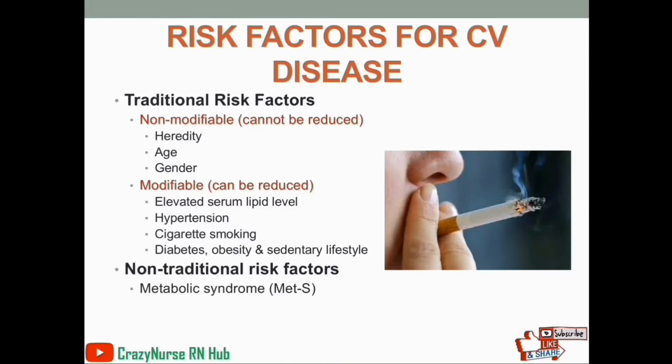There are 5 risk factors included in metabolic syndrome, such as central obesity, increased triglycerides, hypercholesterolemia, hypertension, and elevated fasting glucose. A person is considered to have metabolic syndrome when at least 3 of the 5 risk factors are present.